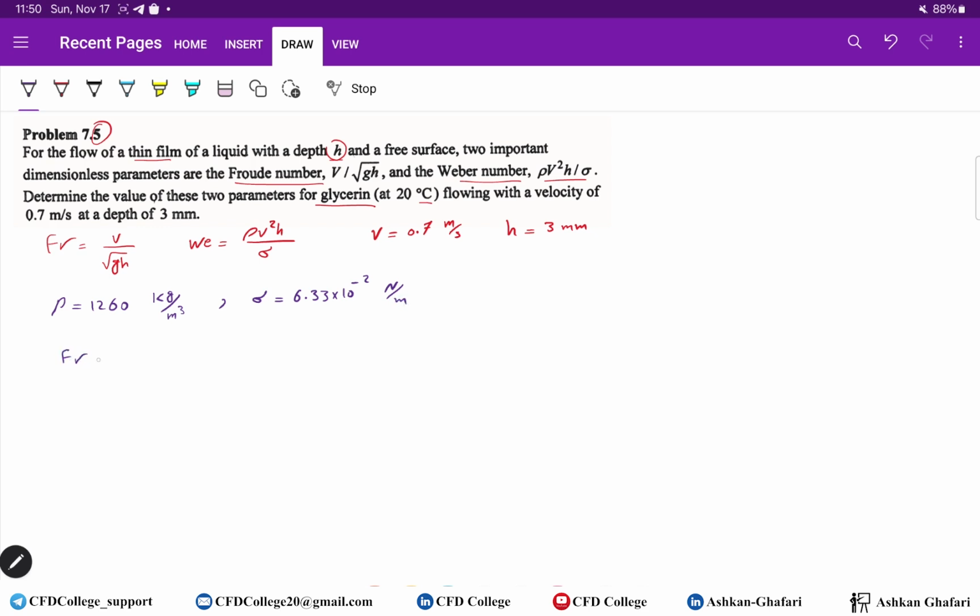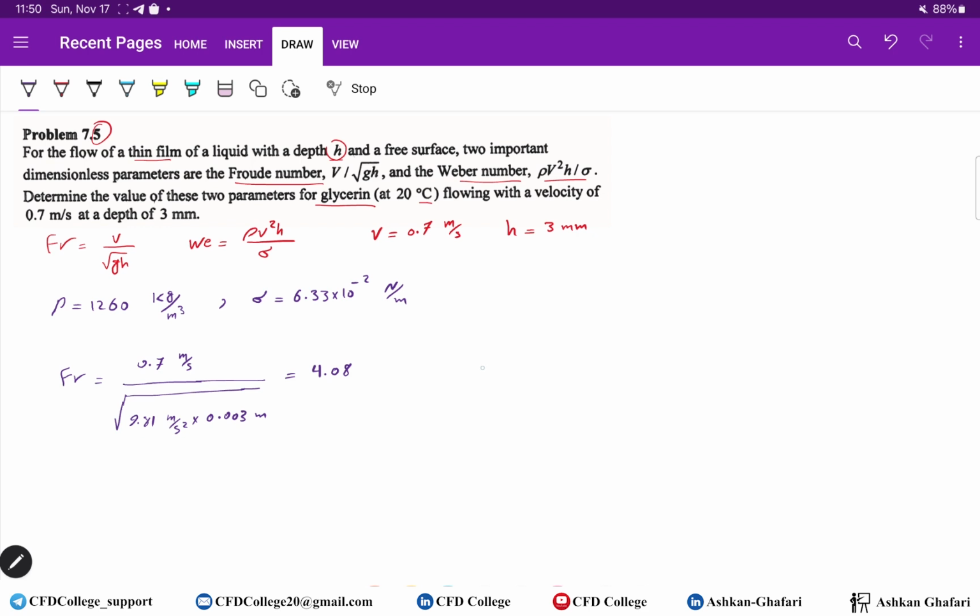So Froude number equals velocity, 0.7 meters per second, over the square root of gravity, 9.81 meters per second squared, times 0.003 meters, which is the h. So the Froude number equals 4.08.